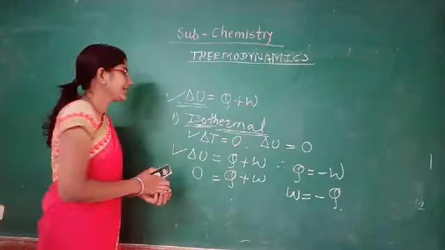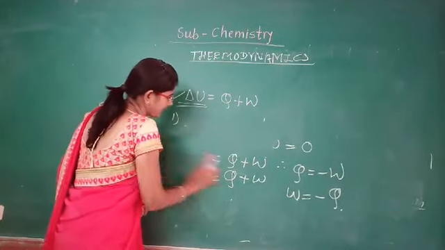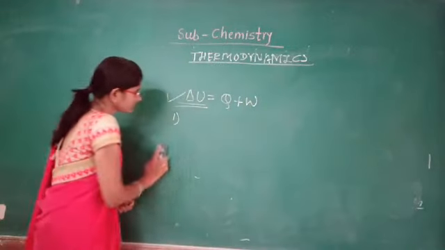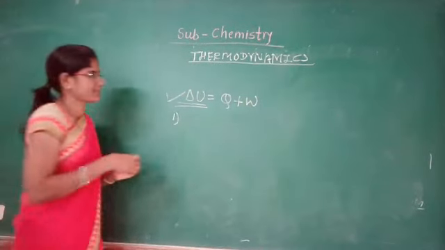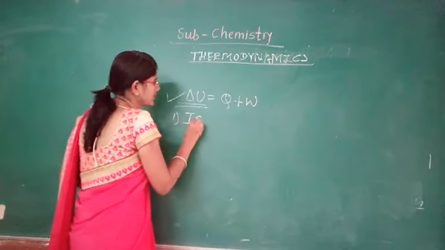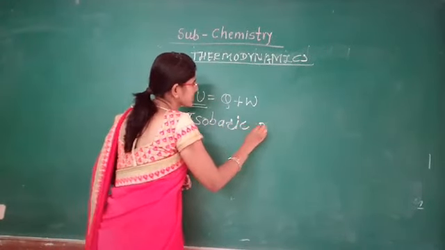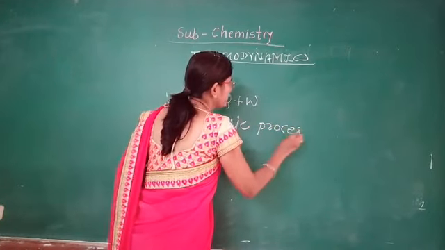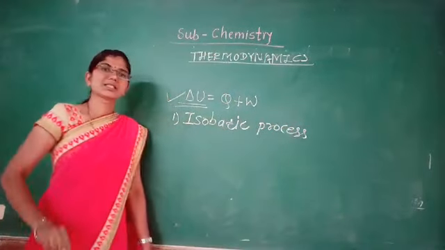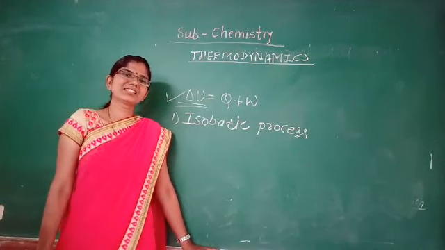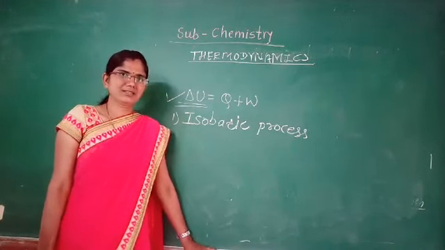So second, we have seen the second type of process, the isobaric process. Isobaric process is a process in which the pressure of the system remains constant.